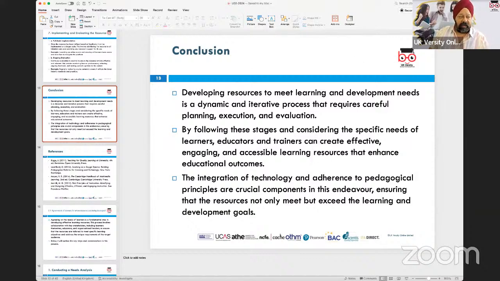Now, if I take a practical example in terms of understanding what the learning and development needs are, say, for example, of an individual, and we put Bloom's taxonomy to it, or apply some sort of instructional design model to it, what we are going to find is that in some cases, when we look at adapting the resources to meet the needs of the learners, you look at specific needs of learners, which could be that they might have some sort of disability, they might have some sort of extra need, to ensure that they are able to get on and understand what is being taught.